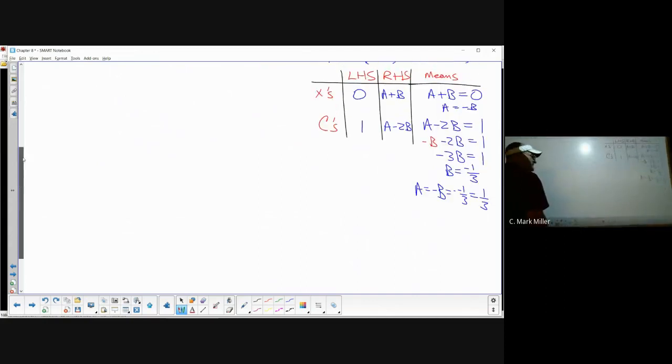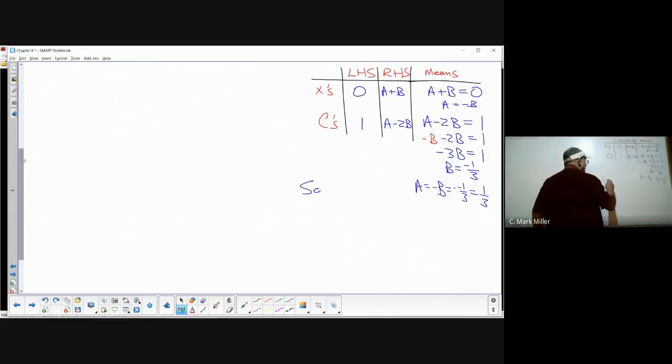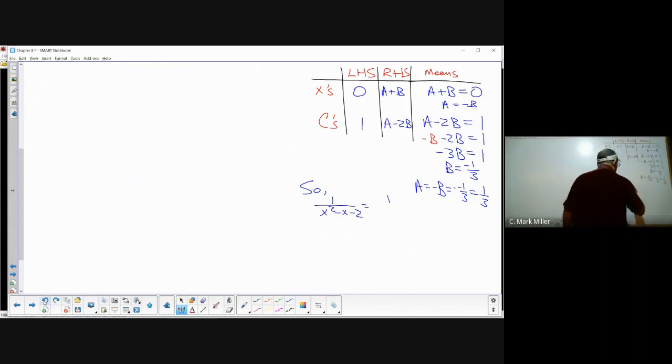That means 1 over x squared minus x minus 2. That is 1 over x plus 1, x minus 2.